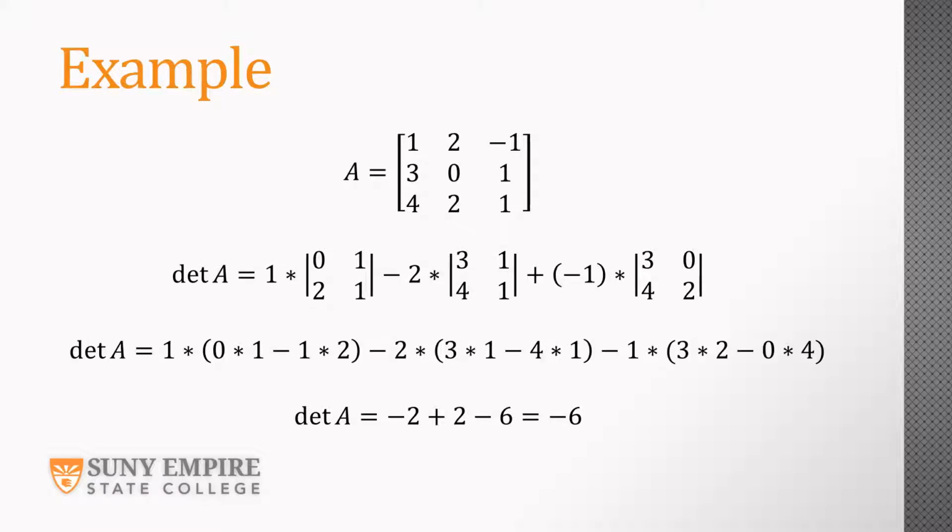Completing the calculations, we have the determinant of matrix A equal to -2 plus 2 minus 6, which equals -6.